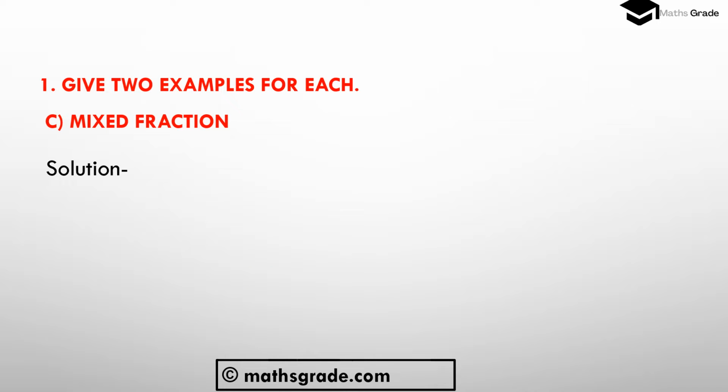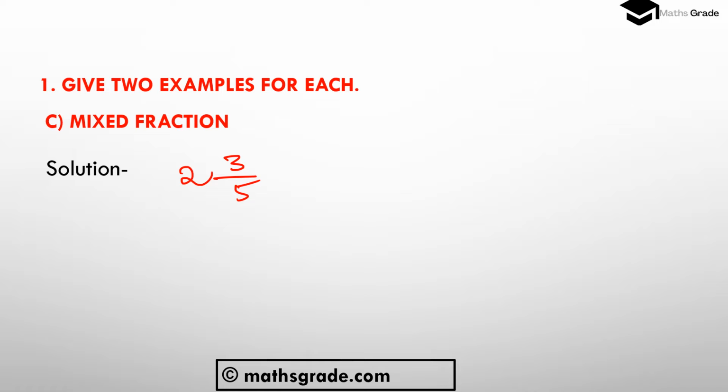Now question number 3, part C. Give 2 examples of a mixed fraction. We know a mixed fraction is the combination of a natural number and a proper fraction. Suppose the natural number is 2 and the proper fraction is 3 divided by 5.